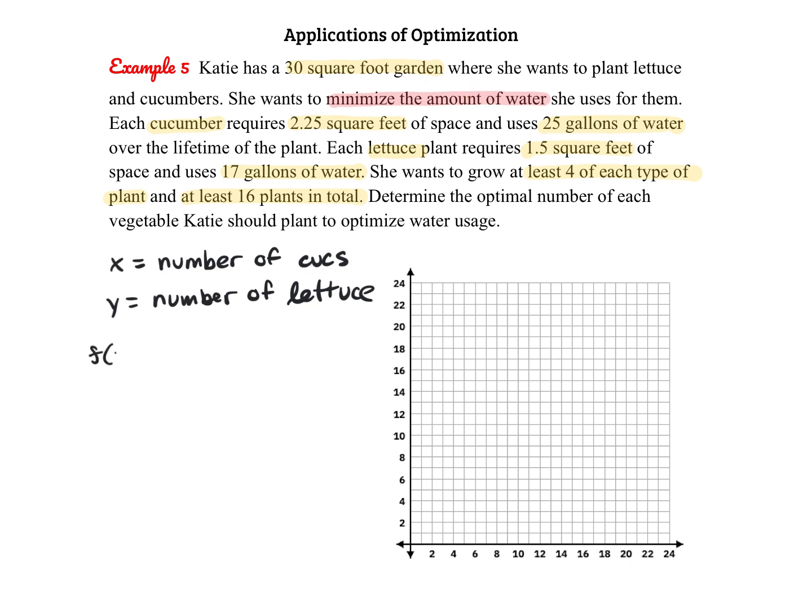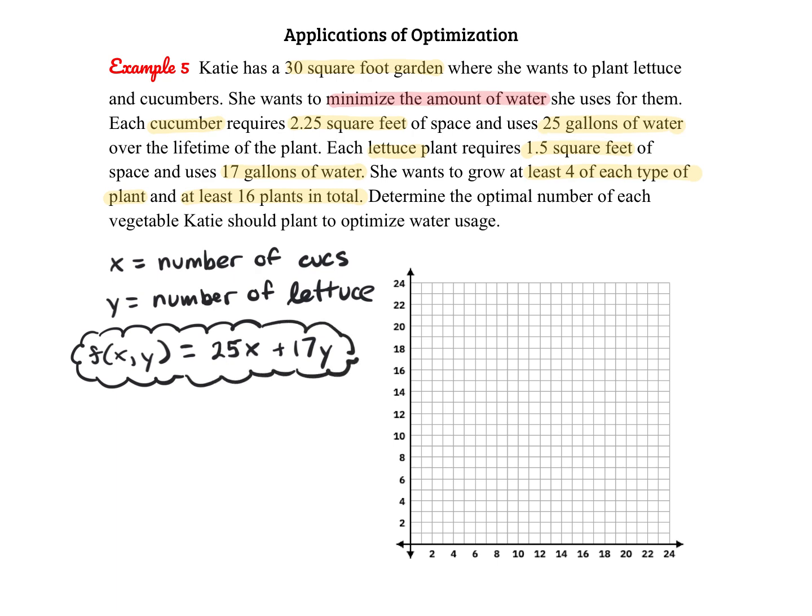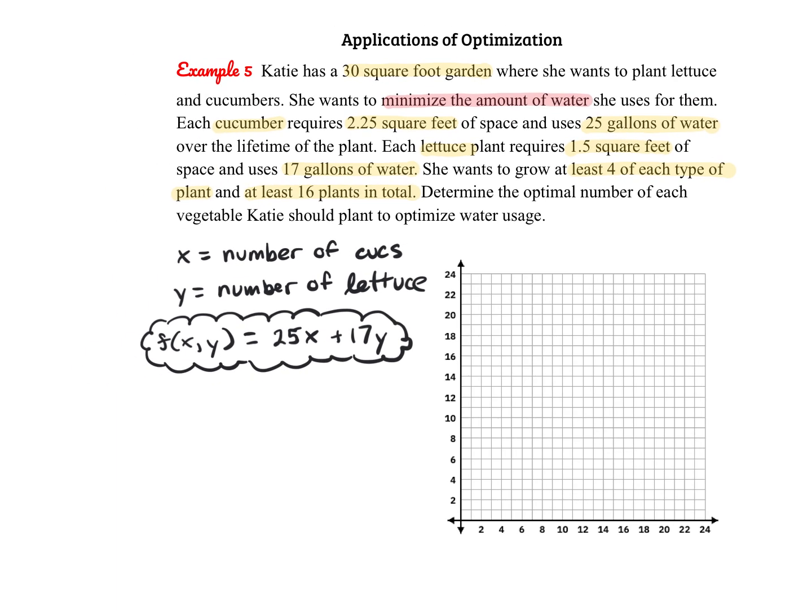I'll call that f of x, y. Well, it says that each cucumber uses 25 gallons of water. So it'd be 25x, and each lettuce plant uses 17 gallons of water. So plus 17y. So this is the function that we are trying to optimize and specifically minimize. She wants to minimize the water usage. And again, this represents water usage.